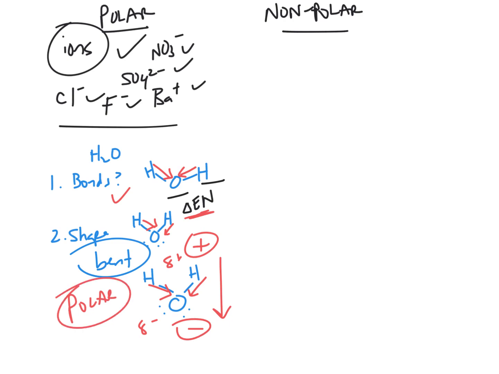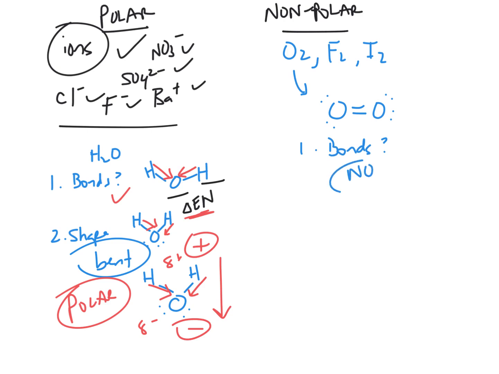Okay, compare that to something that's distinctly non-polar. Any of these diatomic species like this are going to be non-polar. So for example, let's show O2, all right? O2 would have a double bond, lone pair, lone pair, lone pair, lone pair, octet rule satisfied. Are the bonds polar?